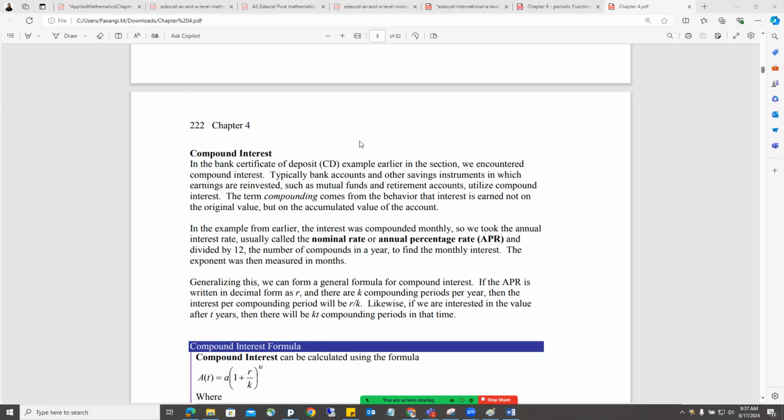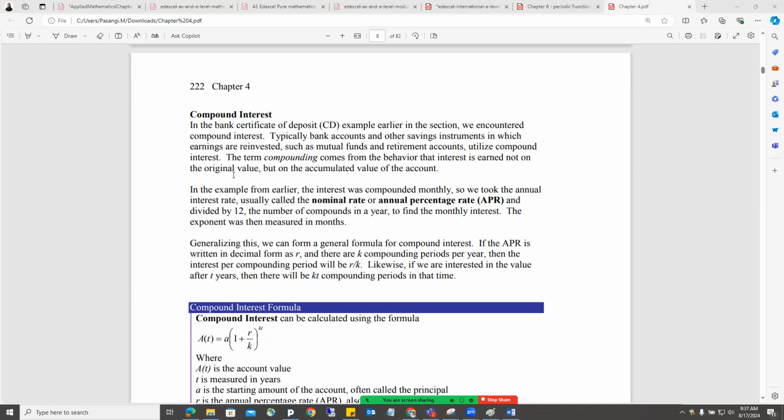So for this compound interest, I think you will have learned this. Learned means heard about the compound interests. So here in the bank certificate of deposit, CD, example earlier in the section, we encountered compound interest.